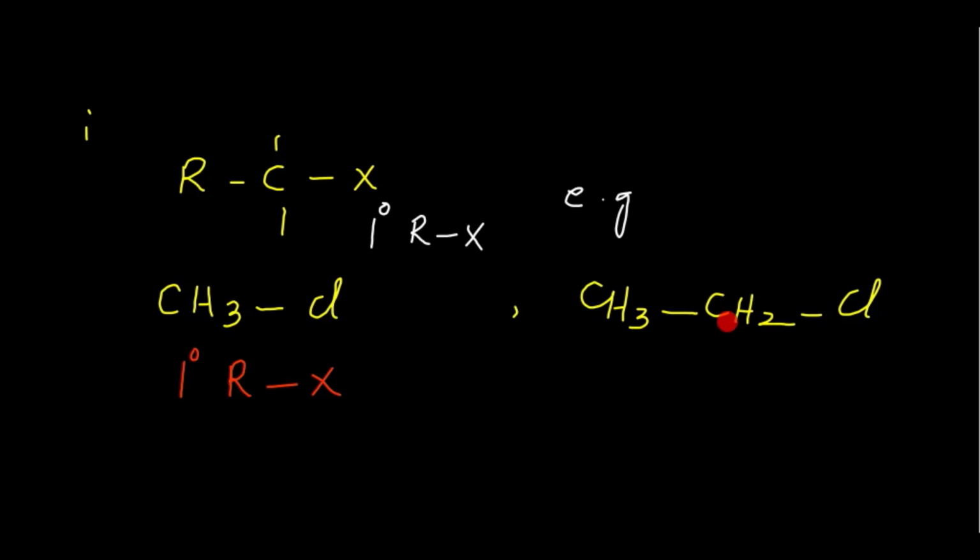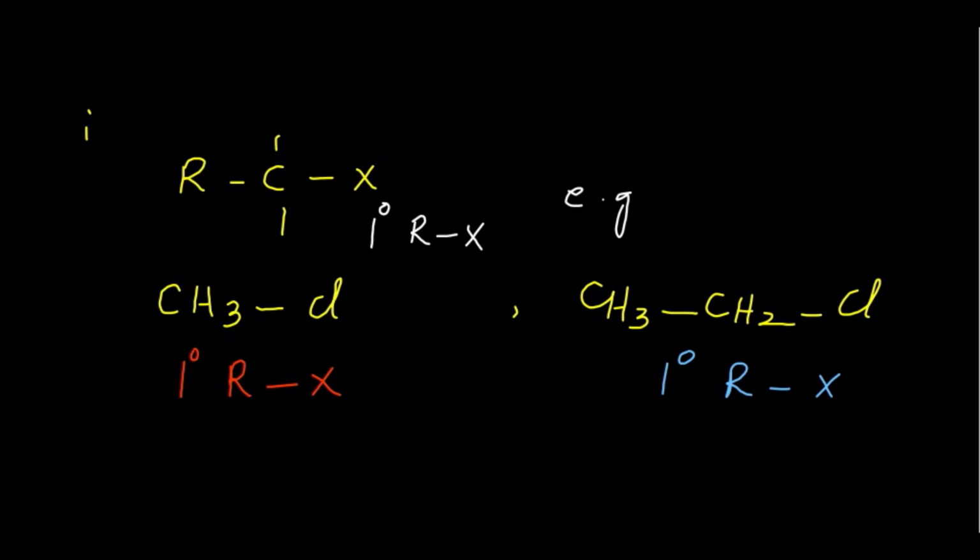Although we have 2 carbons in the molecule, this carbon is directly attached with just 1 carbon atom, so that's why this carbon is primary carbon, students, right? Since the functional group is attached with primary carbon, this alkyl halide is also a primary alkyl halide.